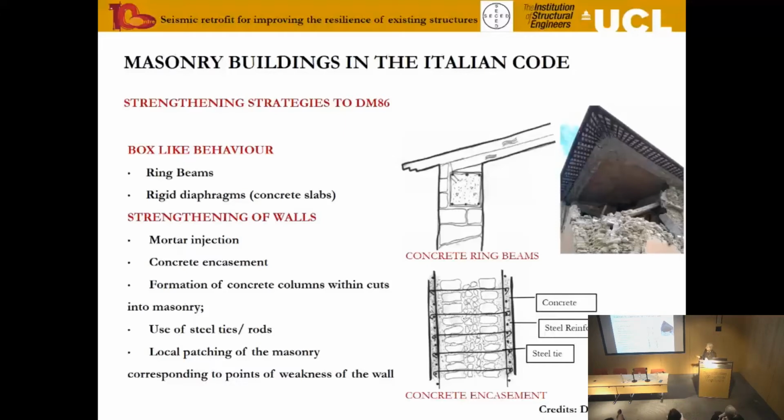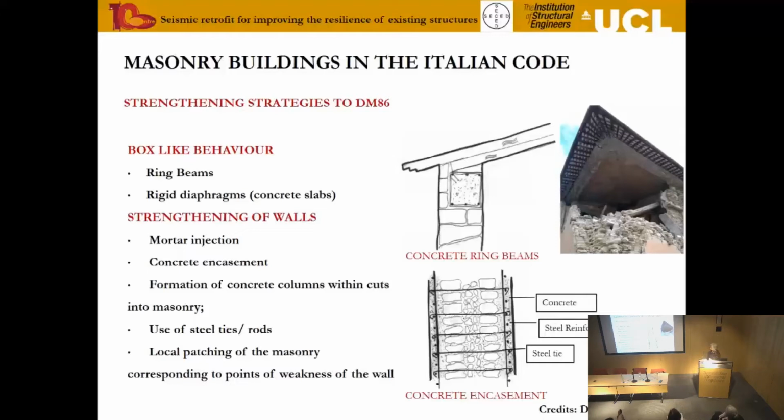So this is in terms of the global behavior. In terms of the strength of the single walls, there would be mortar injection, concrete encasement with steel reinforcement, and formation of columns within the wall, again linked to the ring beam so as to form those frames.